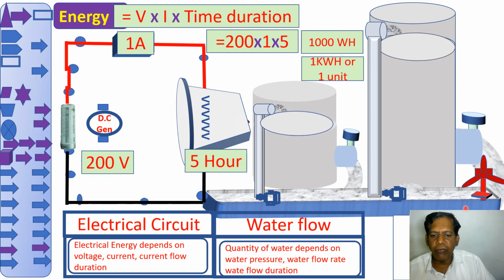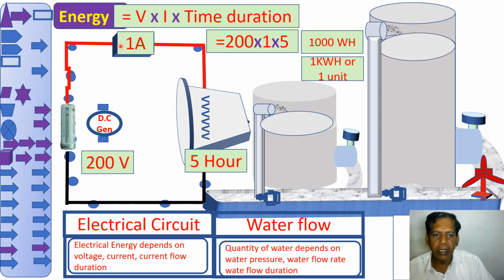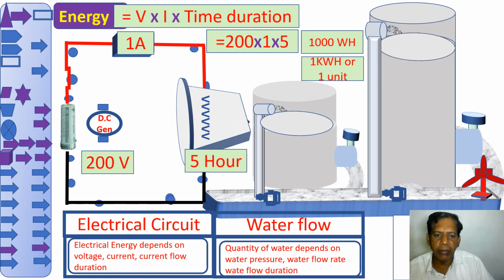The quantity of water outcome depends upon this water pressure, water flow rate and the total duration of the water flow. Similarly, the total energy consumed by this lamp depends upon the voltage applied across this lamp, the current flow through this lamp and the total hours the lamp is switched on. That is voltage into current into time duration. That is known as energy consumed by this lamp.